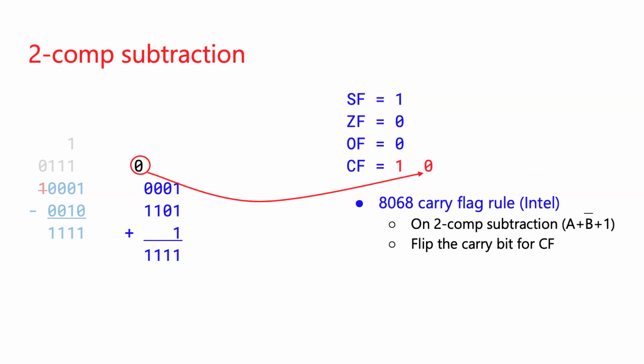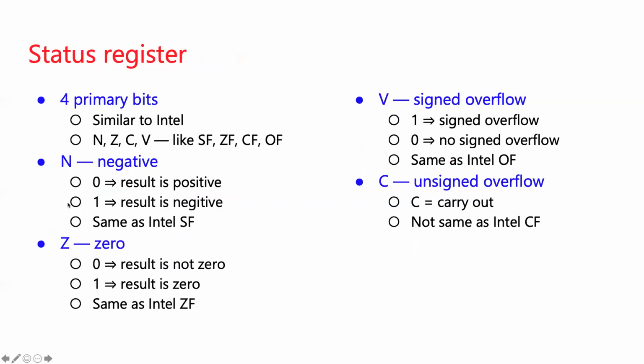On Intel, we decided, or at least we explained this by saying, well, Intel can implement this operation either way. If it's implemented this way, they're smart enough to flip the carry bit so that it gives you the right value. It reflects whether or not you would have had to do a borrow out of the higher order bit. That's not how ARM does this.